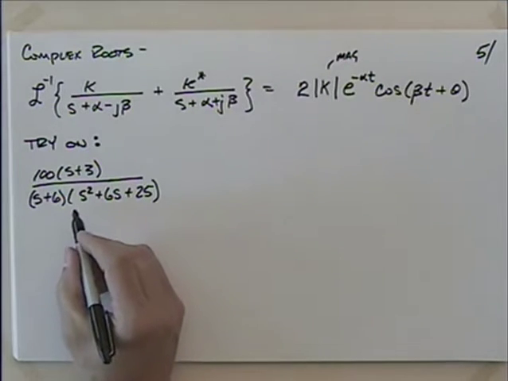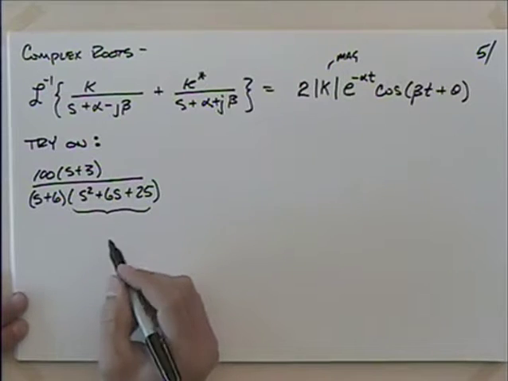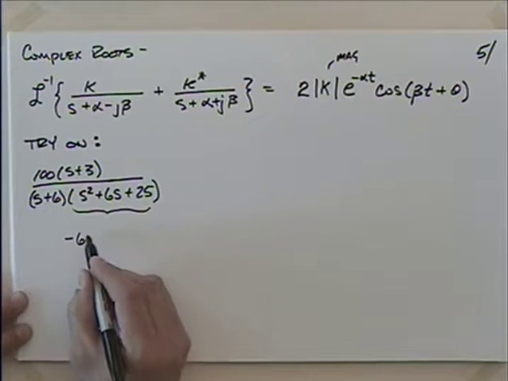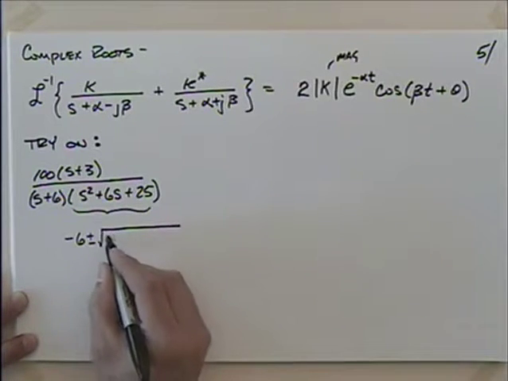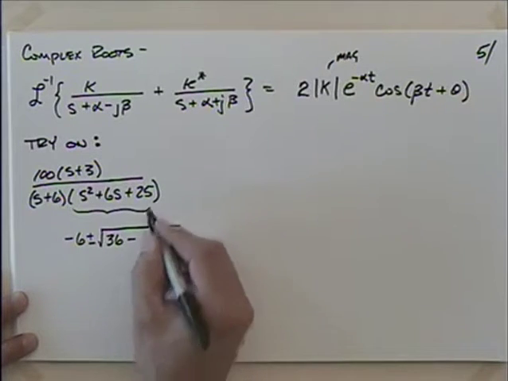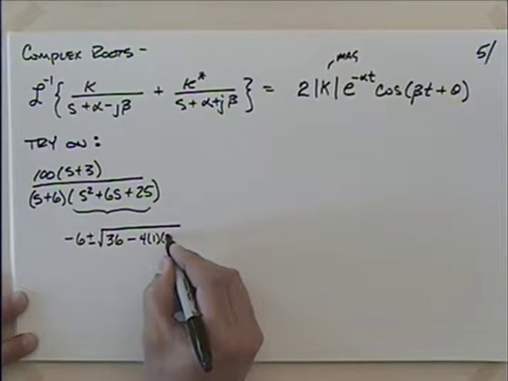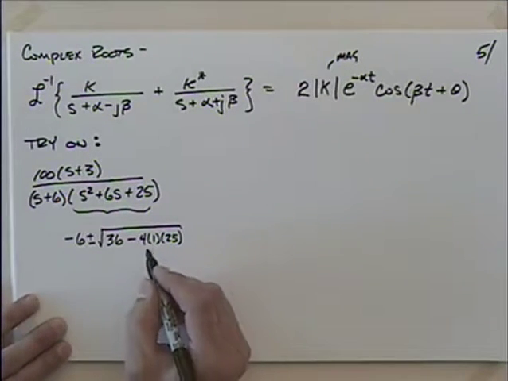This is the one that I'm probably going to have to do some work on, right? So I use my quadratic equation. I'll have minus 6 plus or minus the square root of 6 squared, 36, minus 4 times 1 times 25. So I know right off something's got to give, right? 36 minus 100, I'm going to have a complex term.